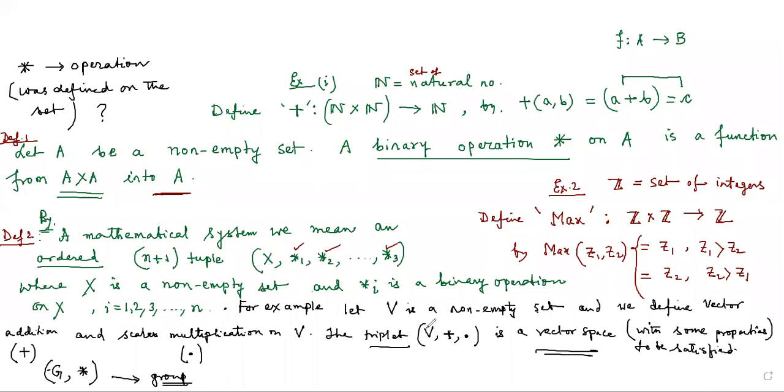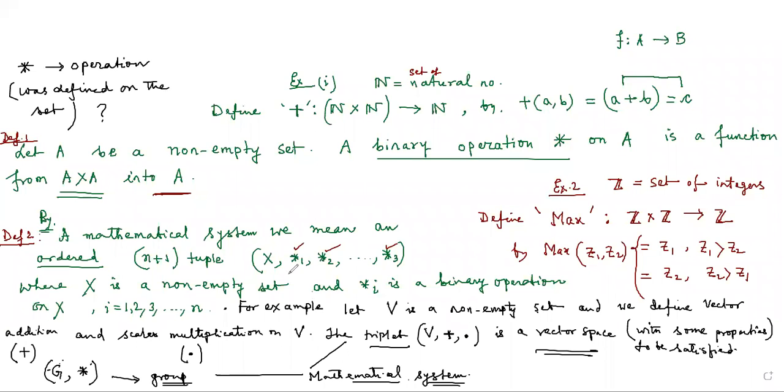In the triplet we have a non-empty set and 2 operations; in the pair we have a non-empty set and 1 operation. So both are different types of mathematical systems, and these are not the only ones. Other mathematical systems are also there.